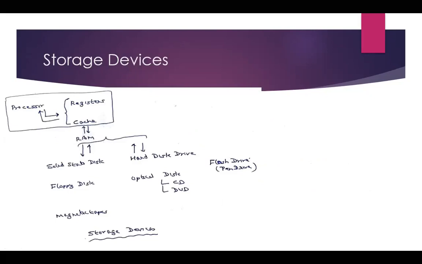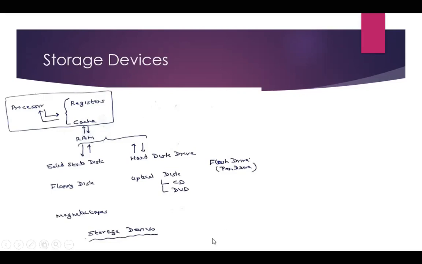So what are the storage devices? This is the list of storage devices. This box represents the processor, and I already discussed these volatile memories which are integrated inside this processor. The first one is register, the other one is cache. And after this is the random access memory. This random access memory is also a volatile memory. Whenever your computer or your mobile phone is switched off, everything inside this random access memory disappears.